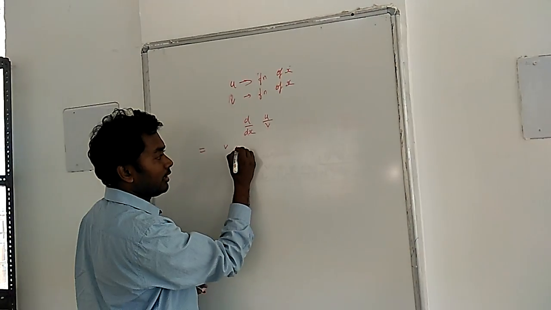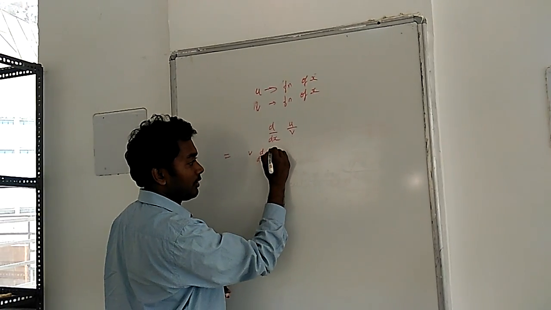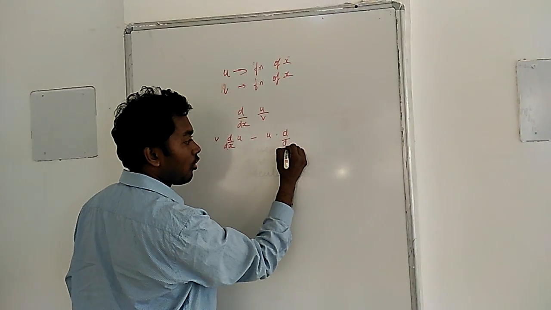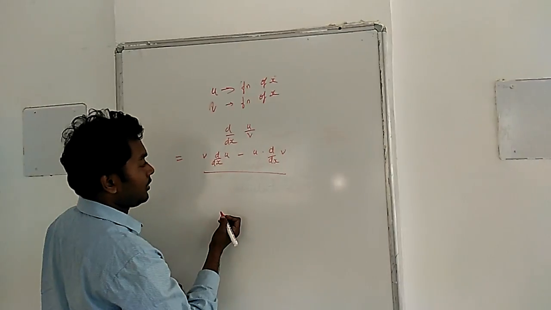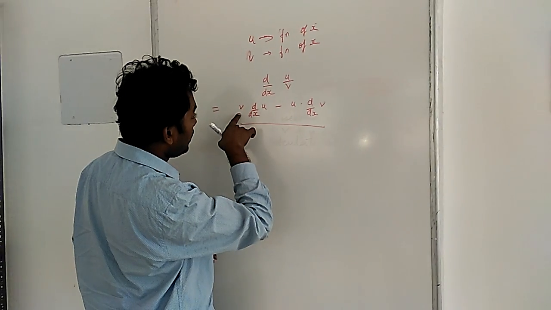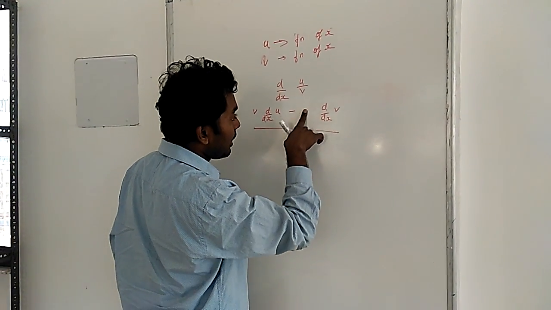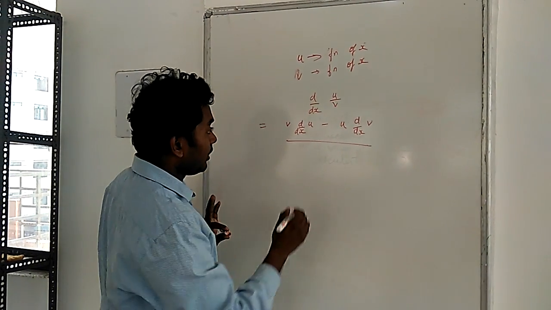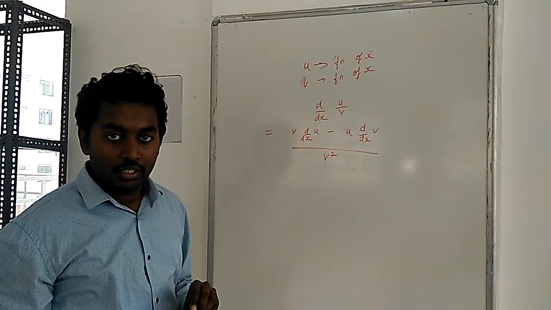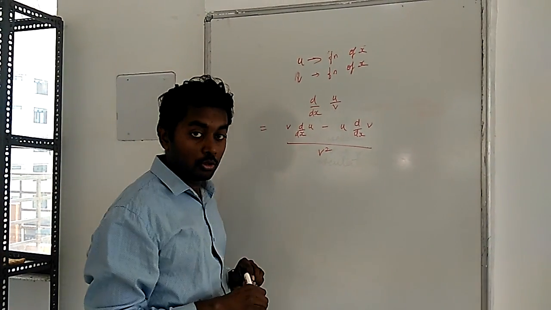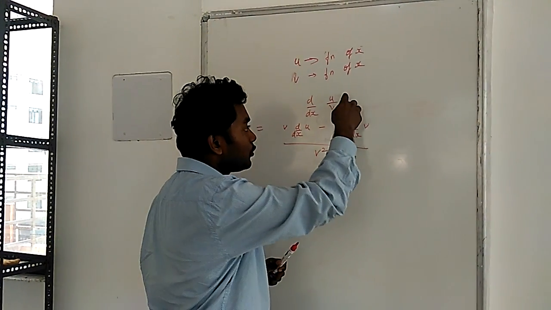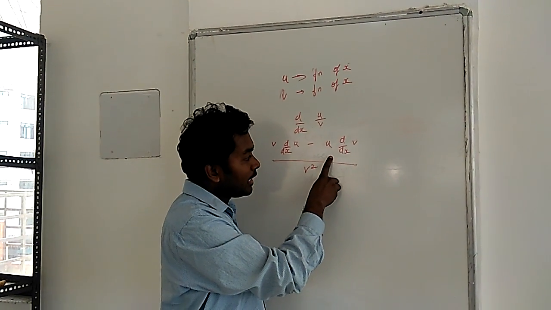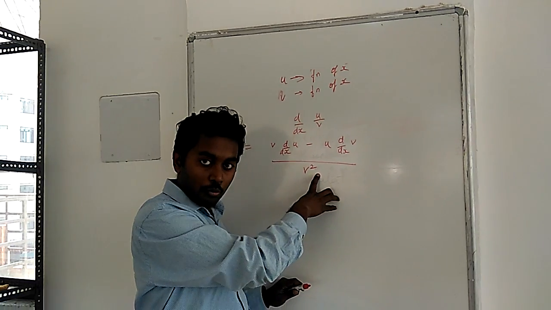So pay attention: denominator into derivative of numerator minus numerator into derivative of denominator, upon v square, that is denominator square. This is the formula for the u by v rule. So you better remember it in terms of numerator and denominator: denominator into derivative of numerator minus numerator into derivative of denominator upon denominator square.